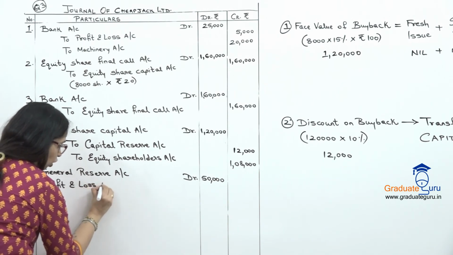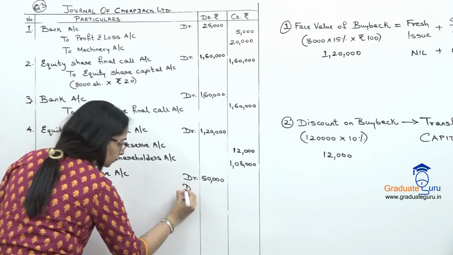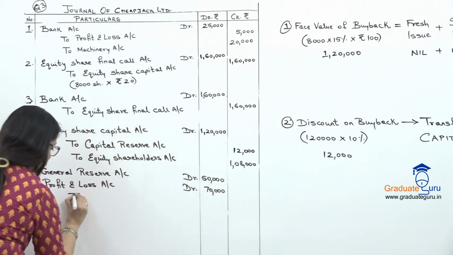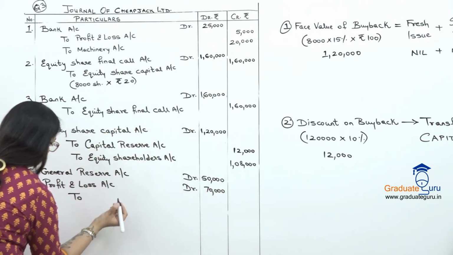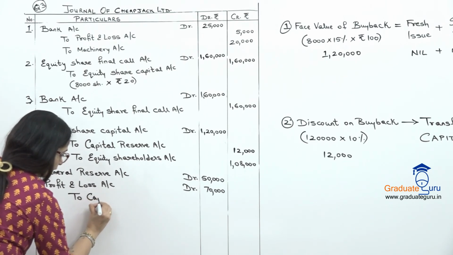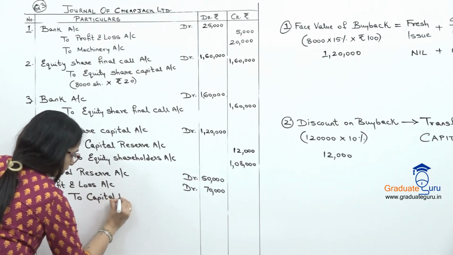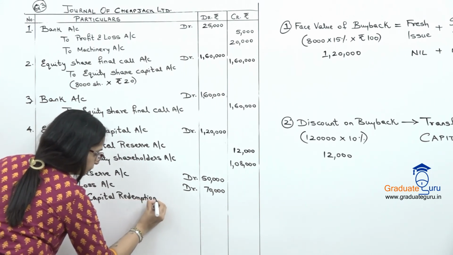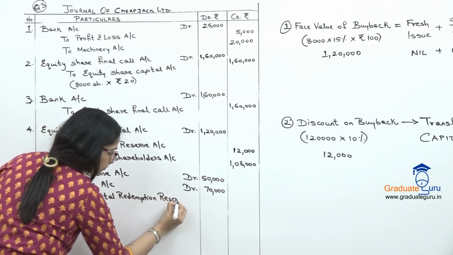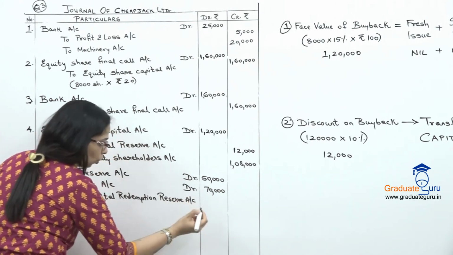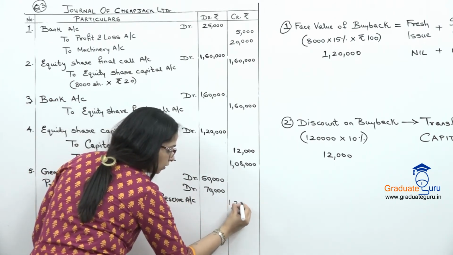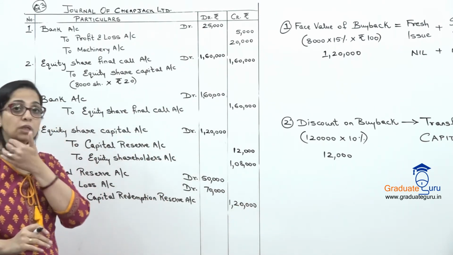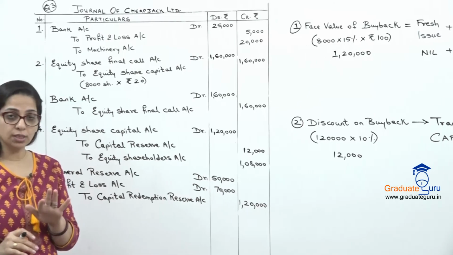So, profit and loss account debit 70,000 to your CRR, that is capital redemption reserve account. Total 1,20,000. So that's what we've transferred to CRR or capital redemption reserve.